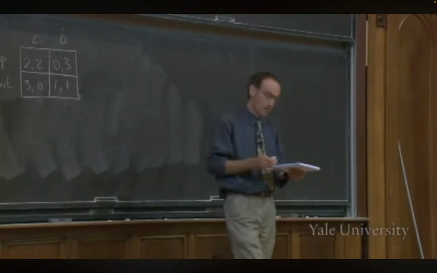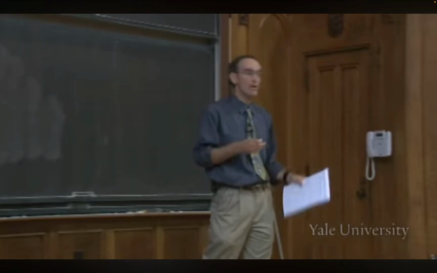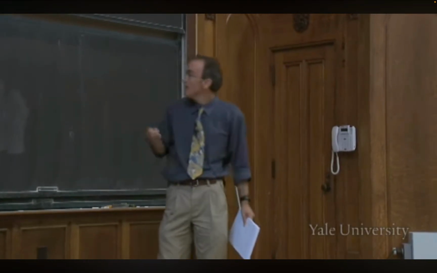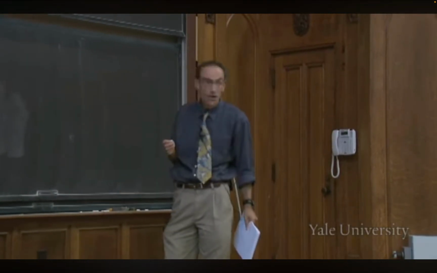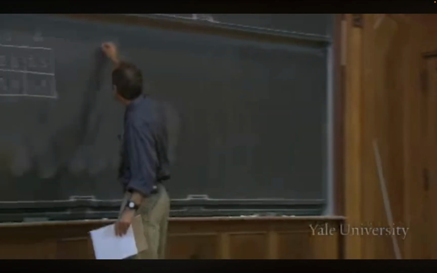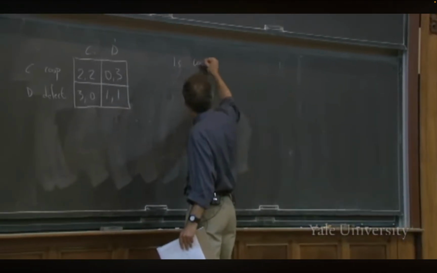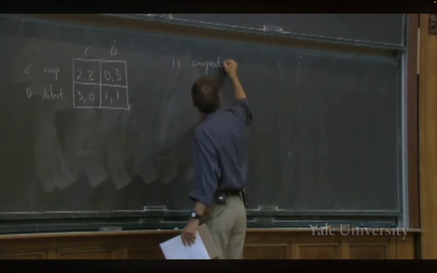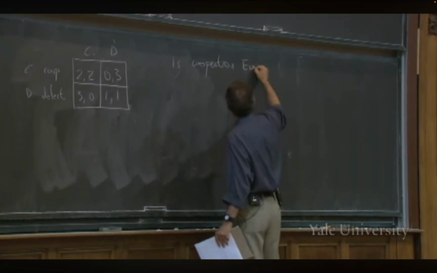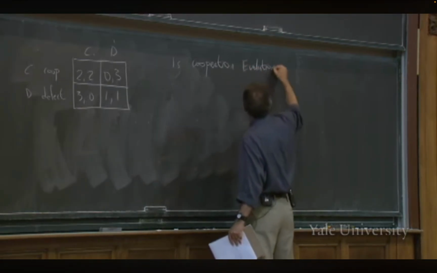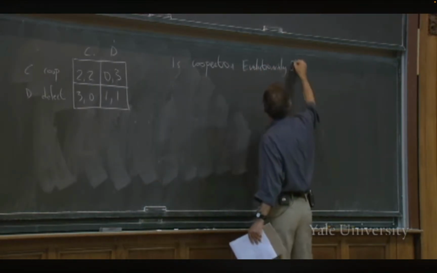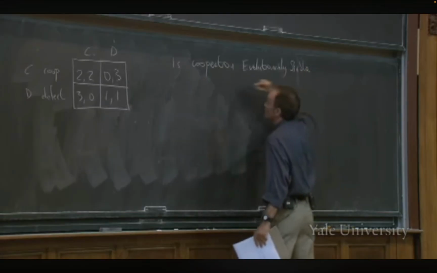I'm not going to go over that now. I want to ask a different question today. I want to ask, in this model of asexual reproduction, is cooperation evolutionarily stable?